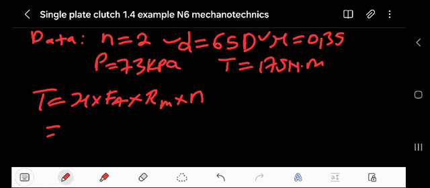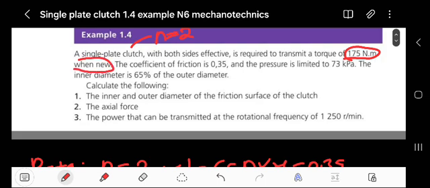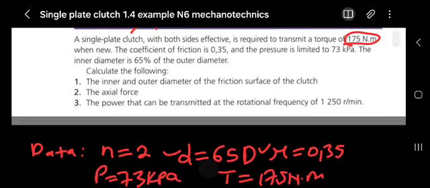Either way, we don't have this Rm. But Rm is supposed to be equal to what? Remember, they say it is new here. When new, it's a new clutch, so we're dealing with uniform pressure theory.